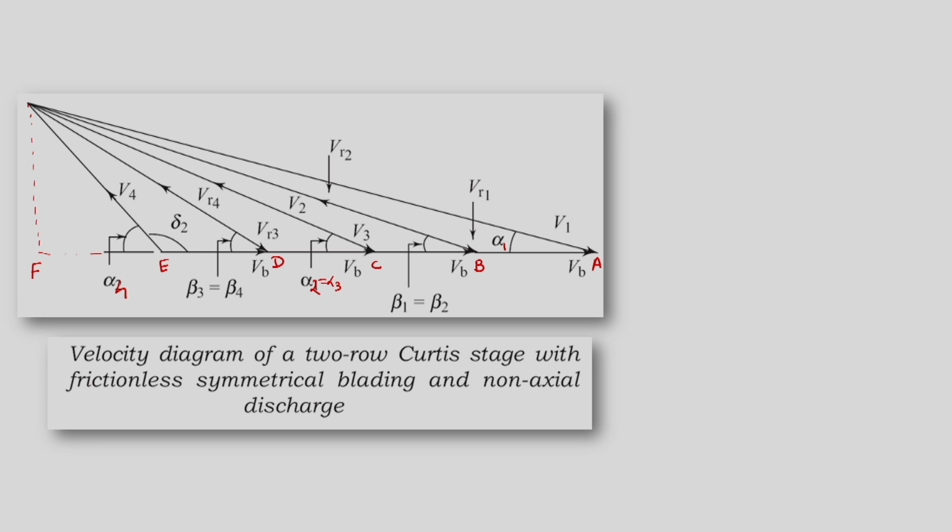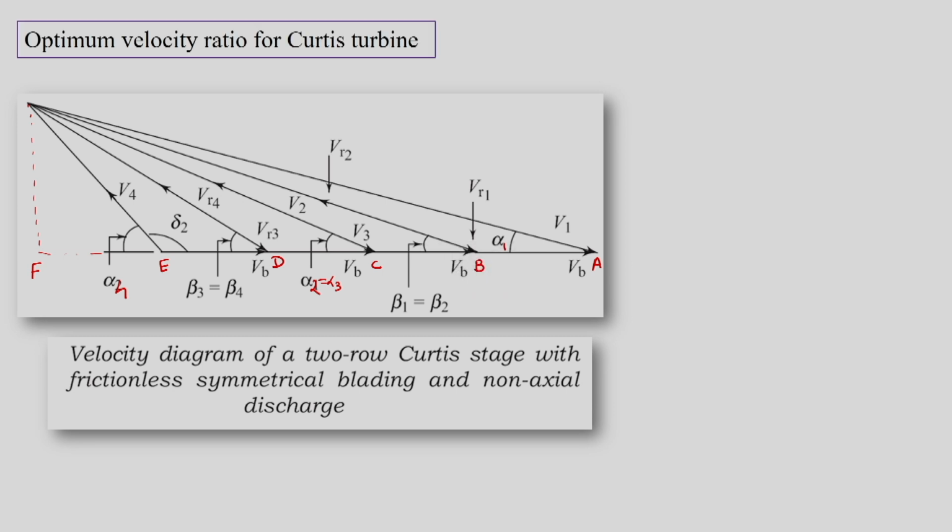Now, let us find out various quantities for this first, and our objective is to work out the optimum velocity ratio for the Curtis turbine. The reason is as follows. We know that total work done is equal to m dot into Vb into the sum over i equals 1 to 2 of delta Vwi.